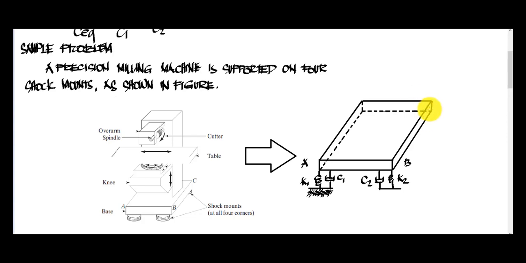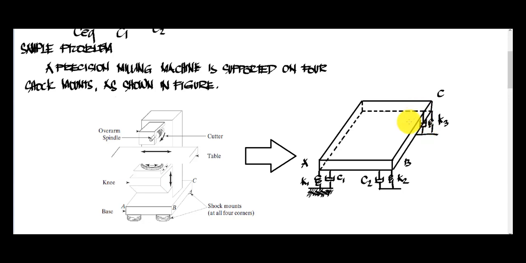Then on the other point, we have here point C. We're going to draw again the spring. Then we have the corresponding ground here, and this will be our K sub 3. And we have the corresponding damper here. I'm going to draw our damper here, connecting that one.